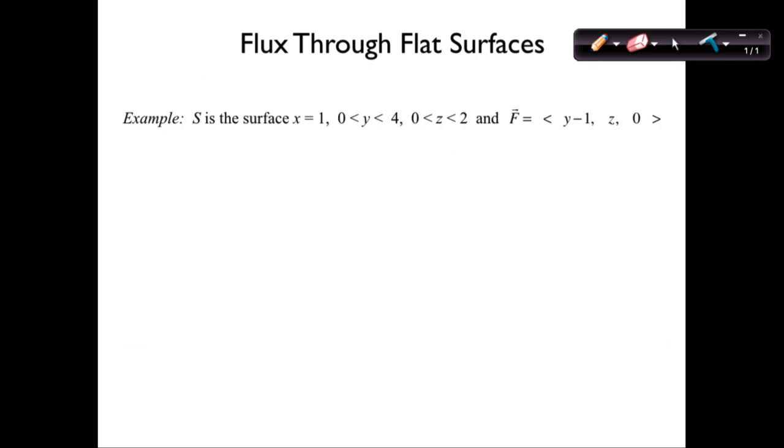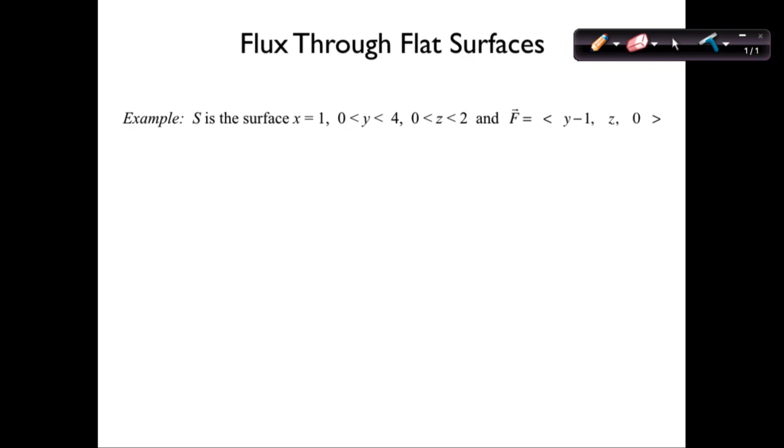Okay, so here's one. S is the surface x equals 1, from 0 to 4 for y and 0 to 2 for z, and then here's our field. These problems involve two things that are independent of each other: a vector field and a surface. You can put any surface you want in any vector field you want.